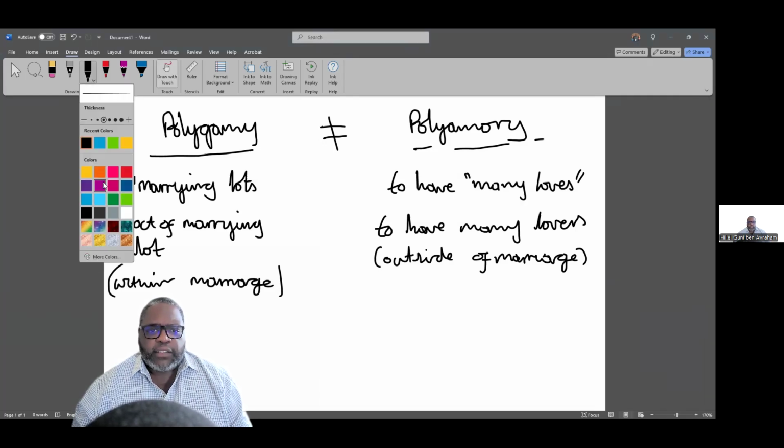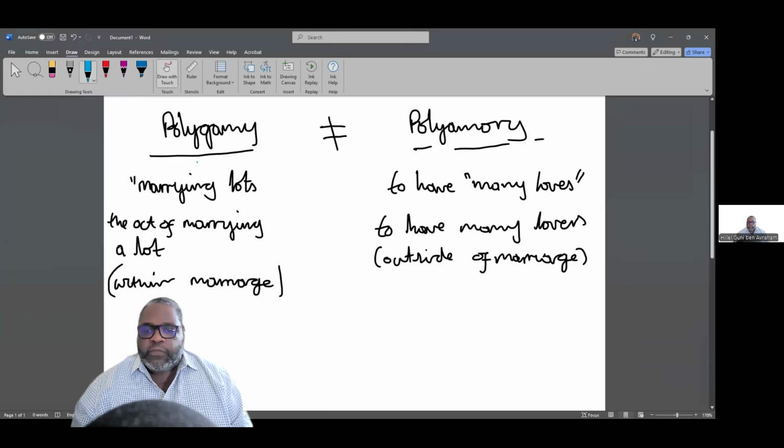So let's get started by just looking at a few things. For example, if we look at the etymology of polygamy, the language of the Western world is based on Greek. Okay. So Greek is the basis, which receives an overlay from Latin.